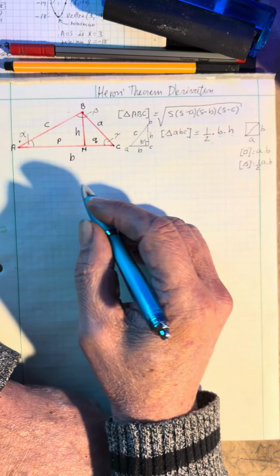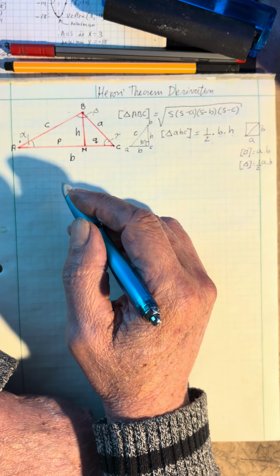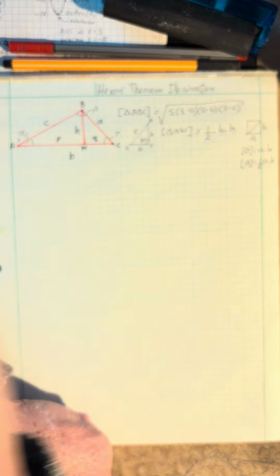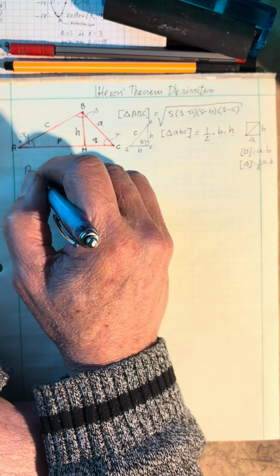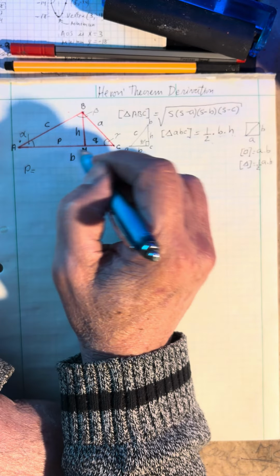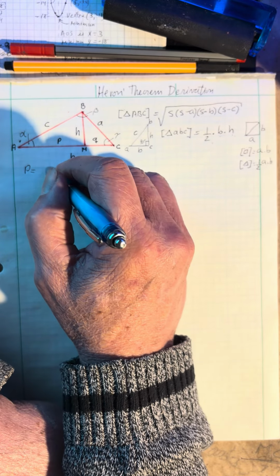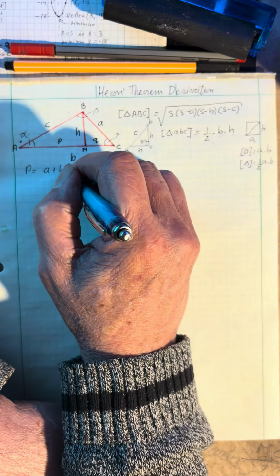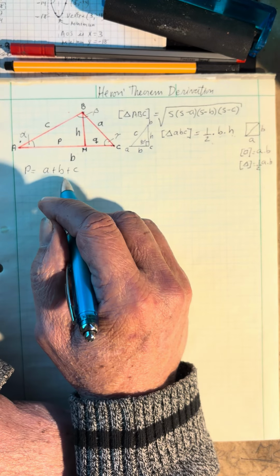Okay, so to start with, we're going to talk about a couple of things. The perimeter of a triangle is equal to the addition of the sides. So in this case it will be A plus B plus C is equal to the perimeter.